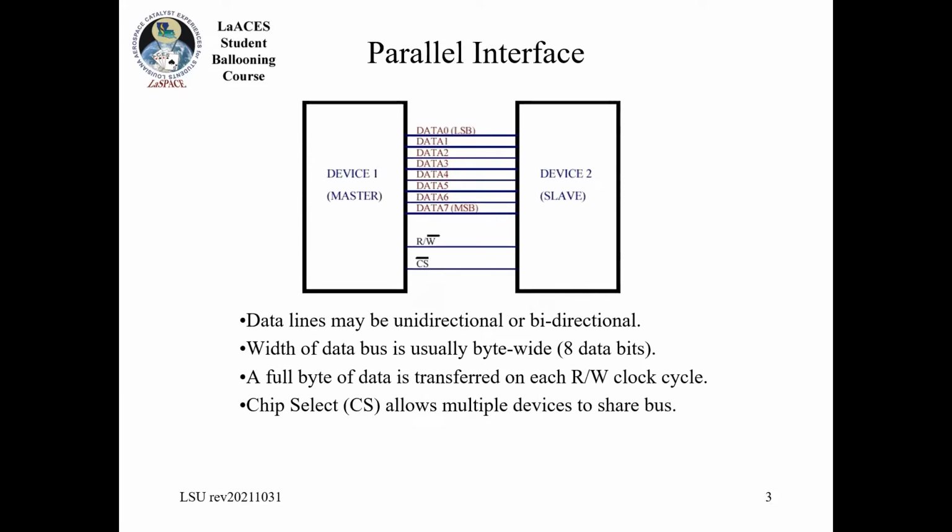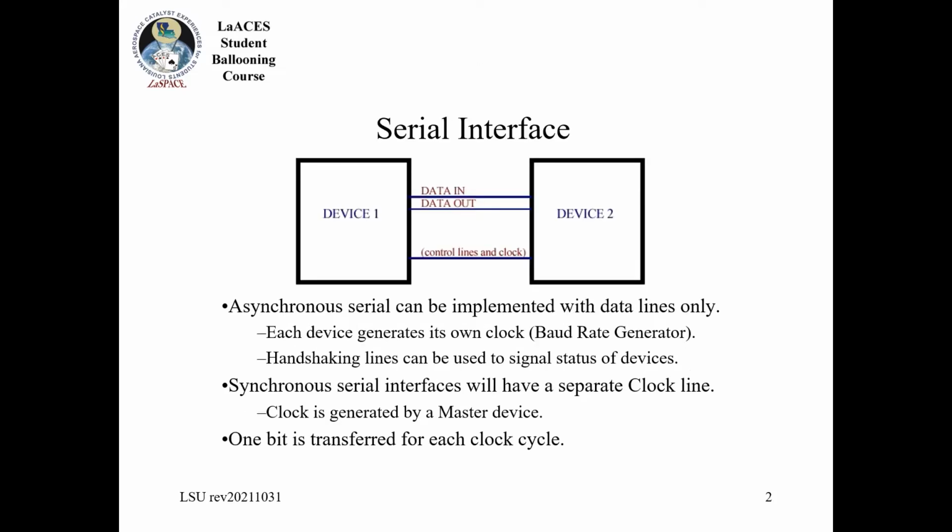This is the alternative to a serial interface, where you have a whole bunch of parallel data lines. That's why it's called a parallel interface, as opposed to this one here, where you only have a single data line for a single direction.